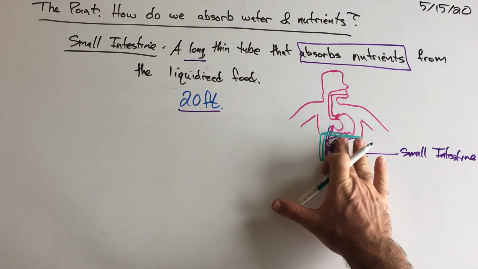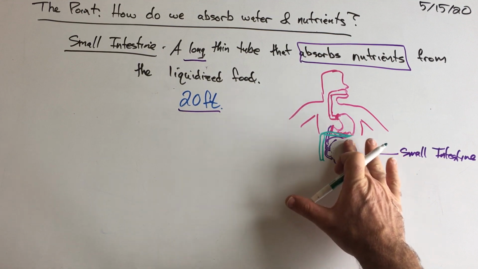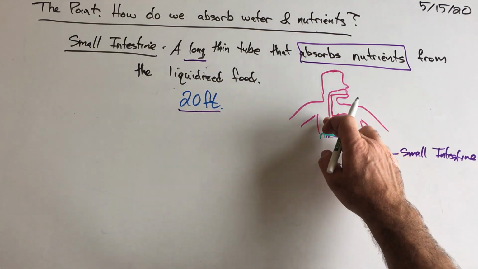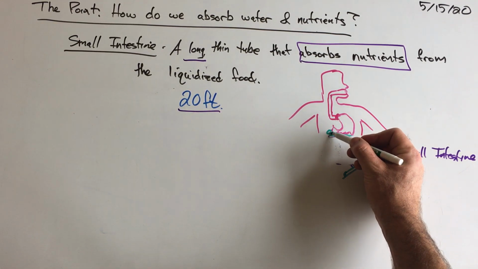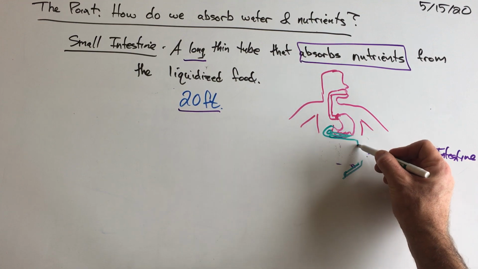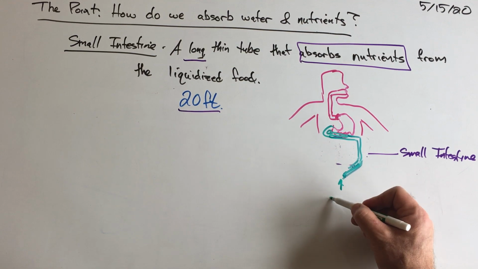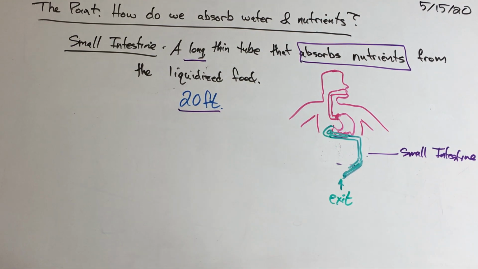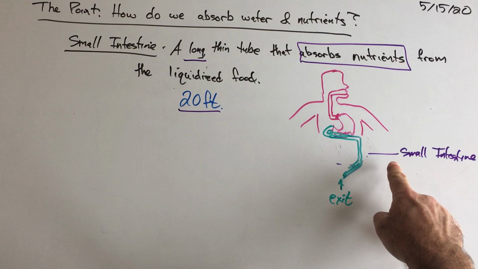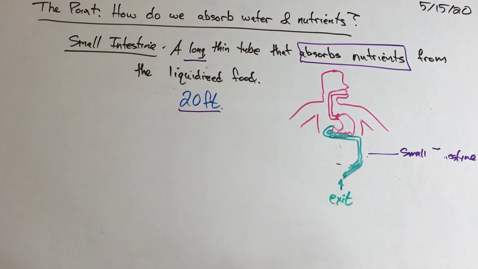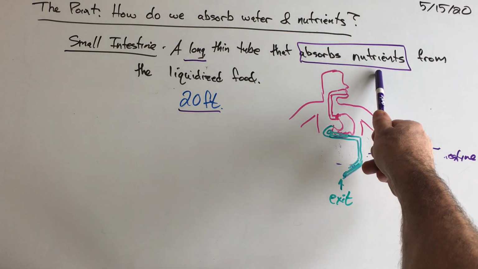And if I removed your small intestine and I sewed your stomach directly to your large intestine, and that's your exit, and I removed your small intestine completely, you could eat all day, every day, and you would die of starvation because you would never absorb nutrients.